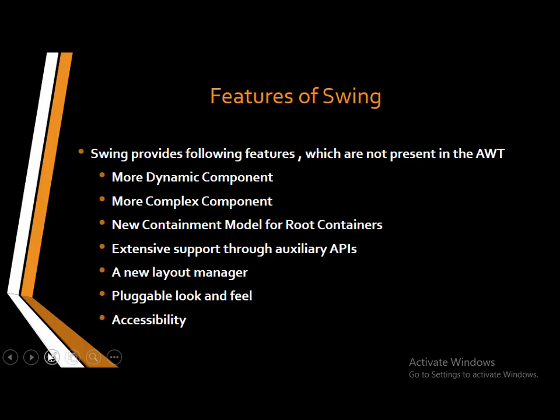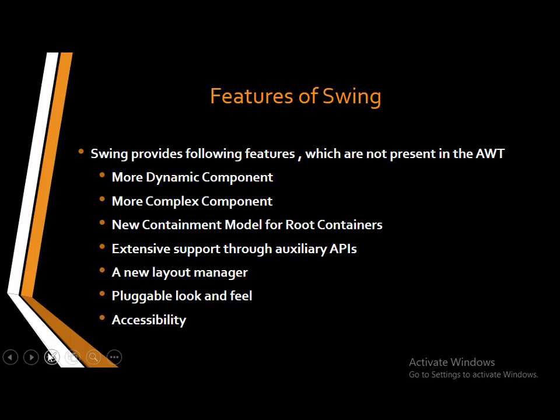While in AWT, if you change your OS, the look of the application will change. So Swing is a platform independent and 100% Java component. Before every Swing component, we have J. For example, JButton, JTextField, JLabel, JApplet, JWindow, where J stands for Java. It differentiates its component from AWT components.